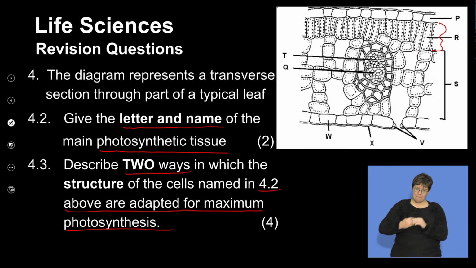And that's for 4 marks. So you would have to talk about the fact that they are elongated, closely packed, few air spaces, filled with chloroplasts, directly underneath the upper epidermis. Any 4 adaptations which make them more effective at their job, which is maximum photosynthesis.